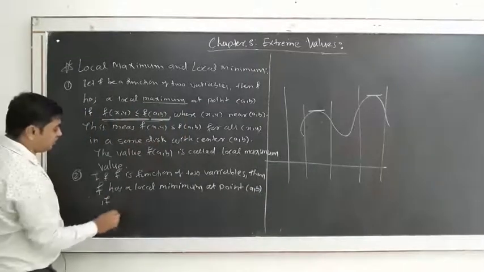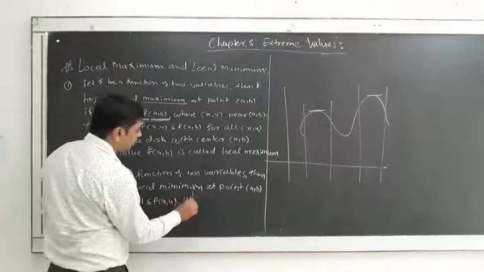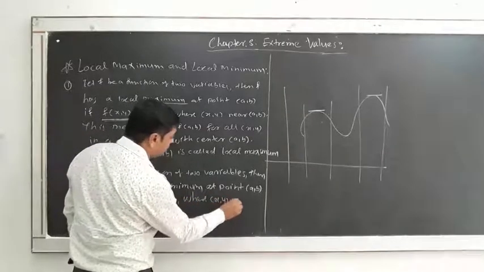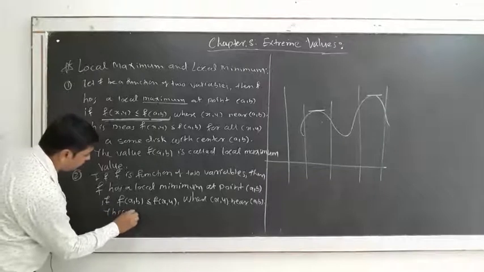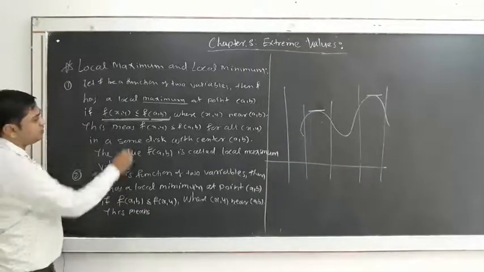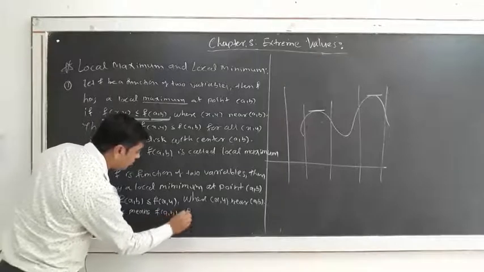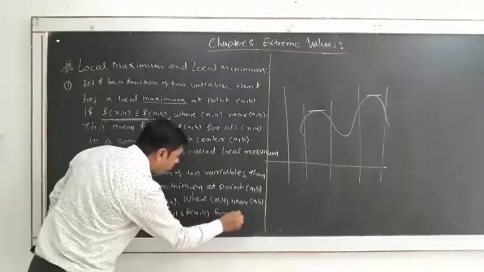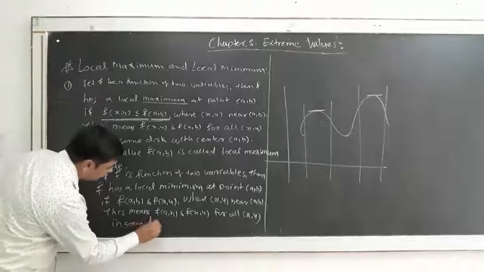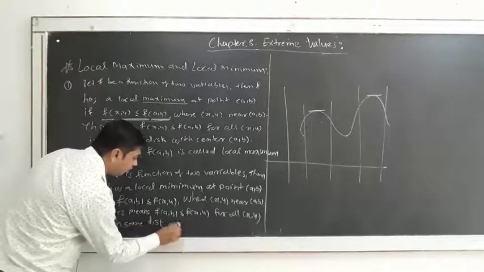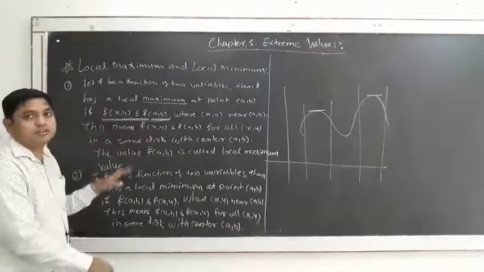If f(a, b) is less than or equal to f(x, y) for all (x, y) near (a, b), this means f(a, b) is less than or equal to f(x, y) for all (x, y) in some disk with center (a, b). Same definition, just reversed.